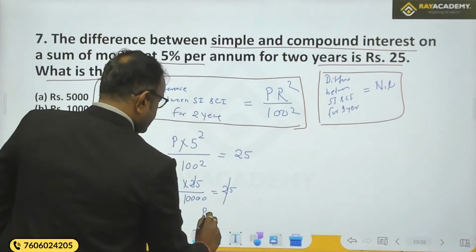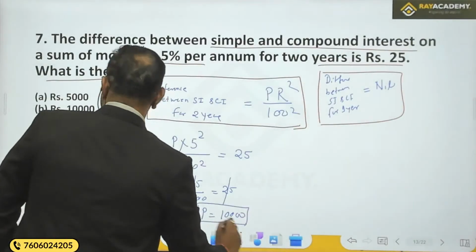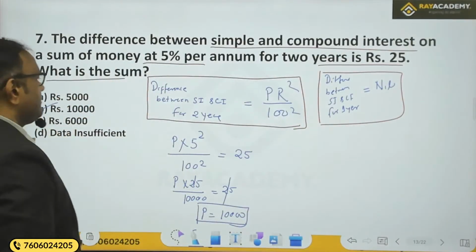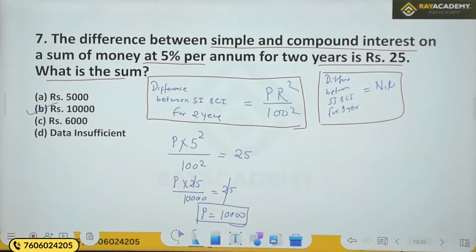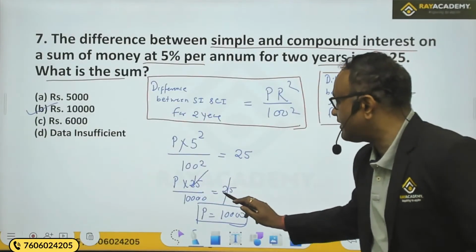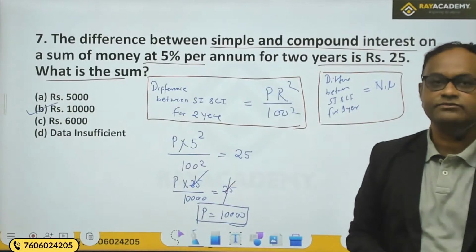So we will get P equals 10,000. So answer for this question will be 10,000. This formula is very useful. Difference between SI and CI is given by the direct formula PR square by 100 square. So if you put it directly, 25 gets cancelled, so answer is 10,000. So right answer for this question is 10,000, the principal amount.